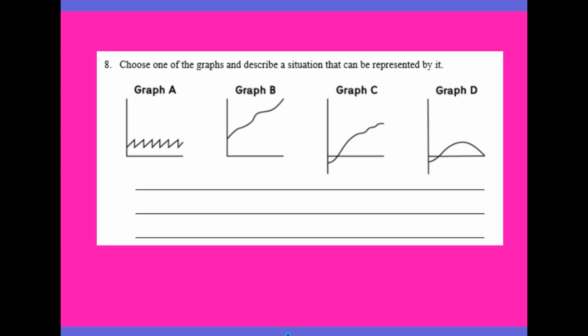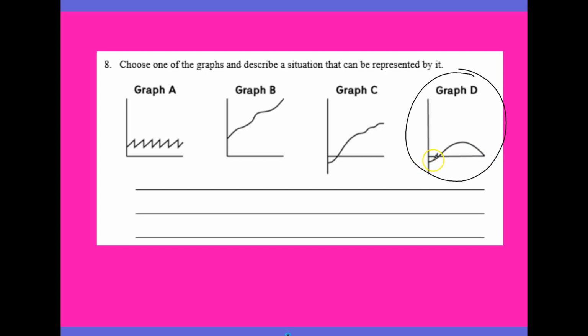Okay, so for the very last one, it says choose one of the graphs and describe a situation that can be represented by it. So I could choose graph D, okay? And I could say I took a frozen pizza out of the freezer and I warmed it up in the microwave, and then I let it sit out on my kitchen table and it got cold again, okay?